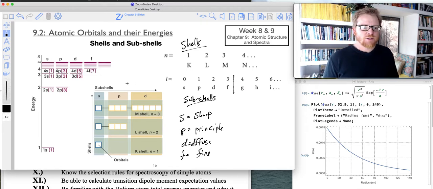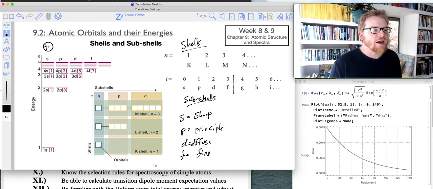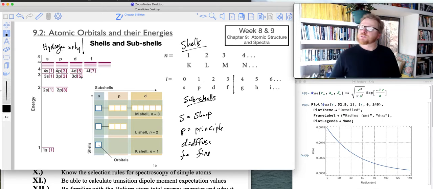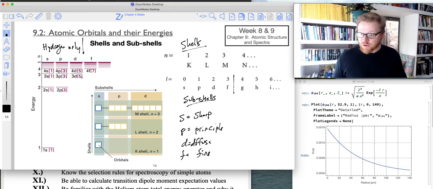Okay? So if we look at our old familiar energy level diagram, I'll note that this diagram is for hydrogen only, because for hydrogen only, the subshells are degenerate.